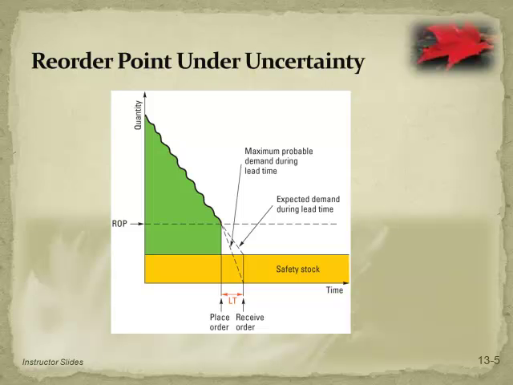So if we take a look at this slide here, now let's talk about the possibility of uncertainties. If we take a look at our theoretical economic order quantity model again, we can see that this slide shows the demand rate, instead of it being a straight line, is a little curvy line, which means that the demand is not perfectly constant.